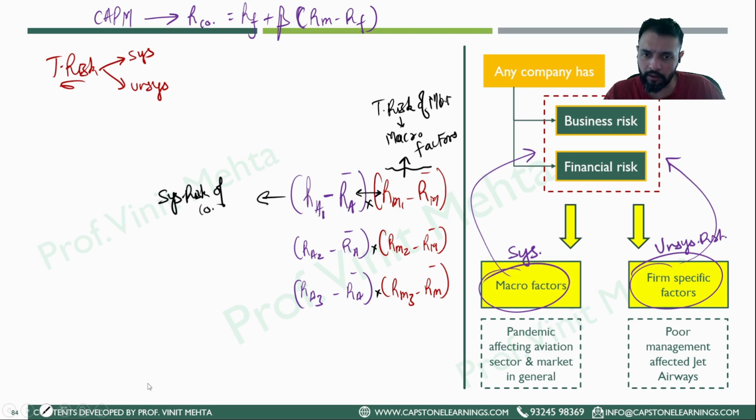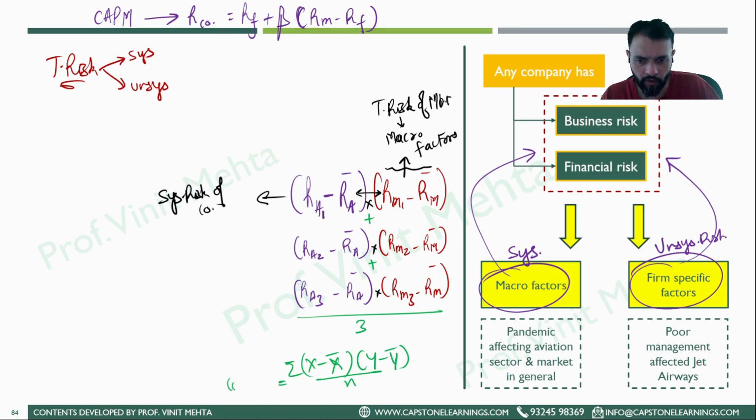I'll take green color, I will add all these deviations, and then I will divide by 3 in this case, because there are 3 data sets, 3 deviation products. And if you look at it, it is basically x minus x bar into y minus y bar, sum them up, divide by n. This is nothing but your formula of covariance.